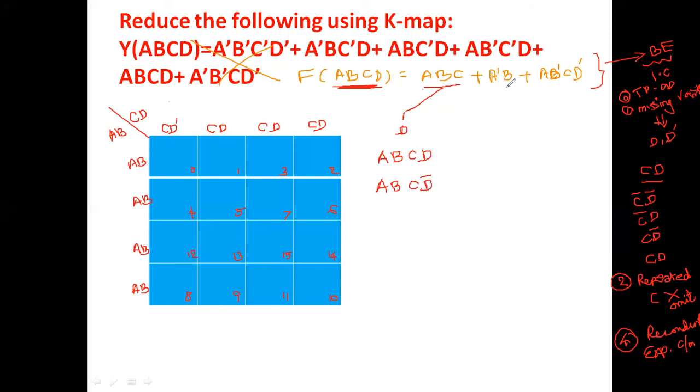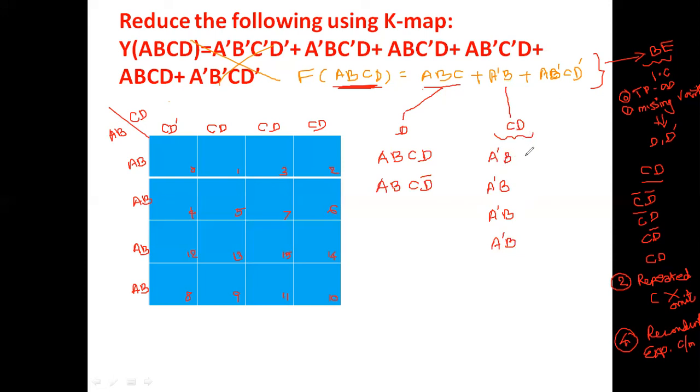Now for this one, what are the missing variables? C and D. Two variables are missing here. So how to write? A bar B is common. Please listen carefully, simple but you should listen. A bar B is constant, because the problem itself gives these two variables.